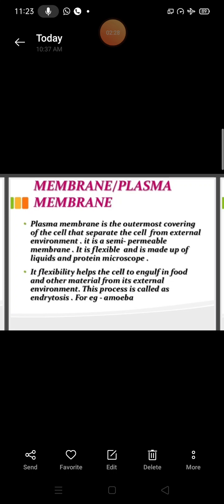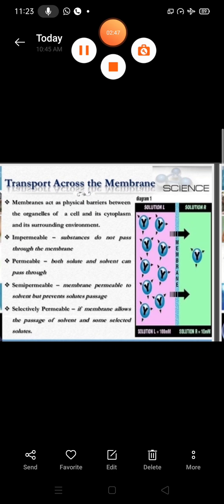On the basis of membrane, we have four different types of membrane related to transportation. These are impermeable membrane, permeable membrane, semi-permeable membrane, and selective permeable membrane.